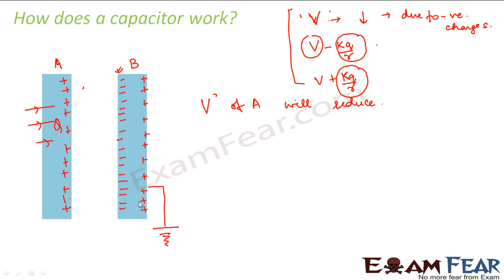As a result, the potential decreases and more space is created for taking in more and more charge. That is how the capacitor is able to store a huge amount of charge within a small space. So this is how any basic capacitor works. We have different categories of capacitor which have different construction, and depending upon that they work in their own way, but the basic principle remains the same.